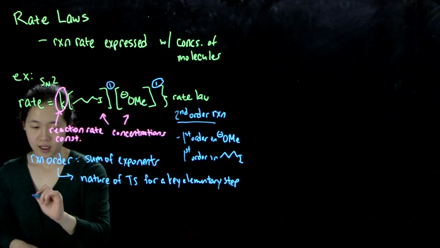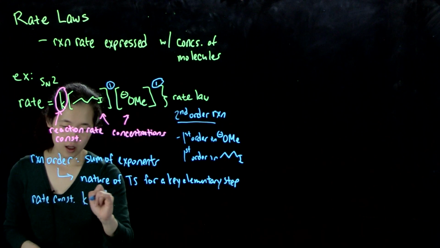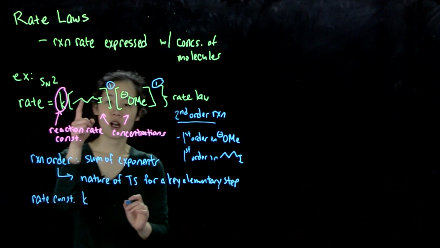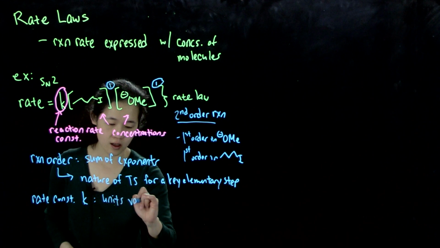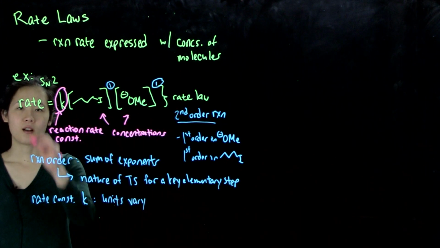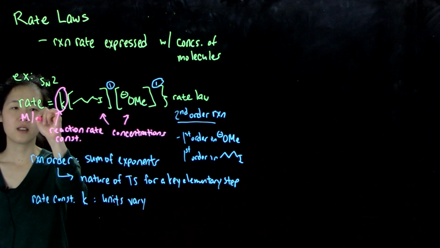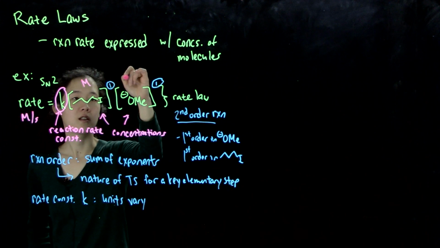And then the final thing is this rate constant. The rate constant, k, has units that depend on your reaction order. Units vary, because we know that the overall rate has got to be in units of molar per second, and these concentrations are both molar.